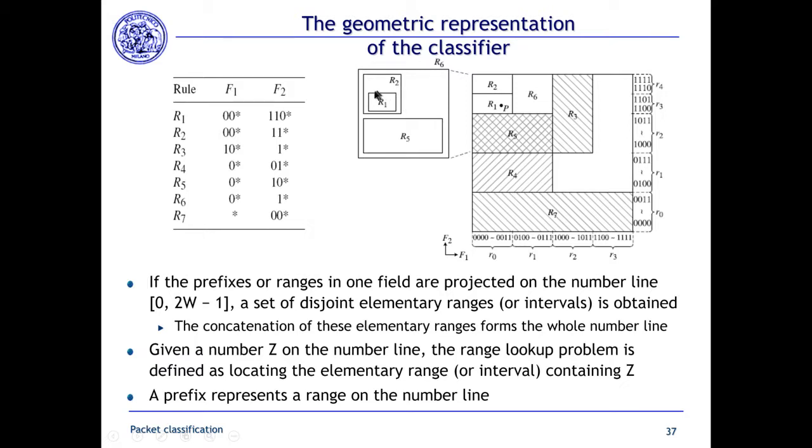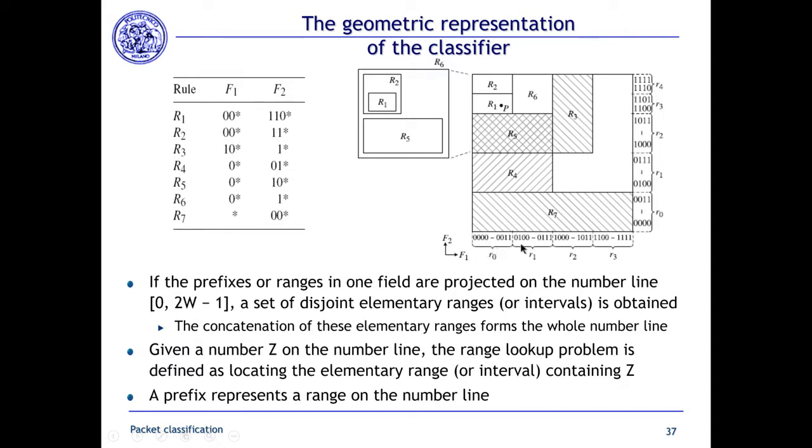But then if you intersect it with the interval corresponding to R1, let's take the vertical dimension, you will have two segments, small r3 and small r4. These two segments are the projection of the intersections. And then you can do the same on the other axis.